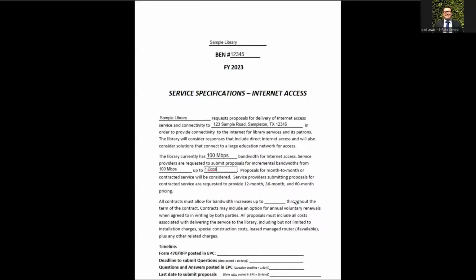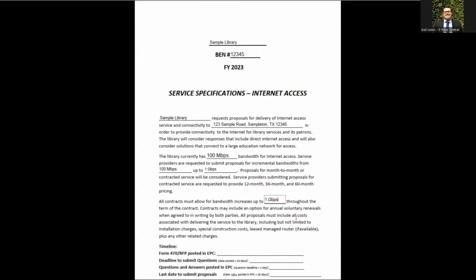In the third paragraph here, all contracts must allow for bandwidth increases up to the 1 gig max amount that we described here throughout the term of the contract.